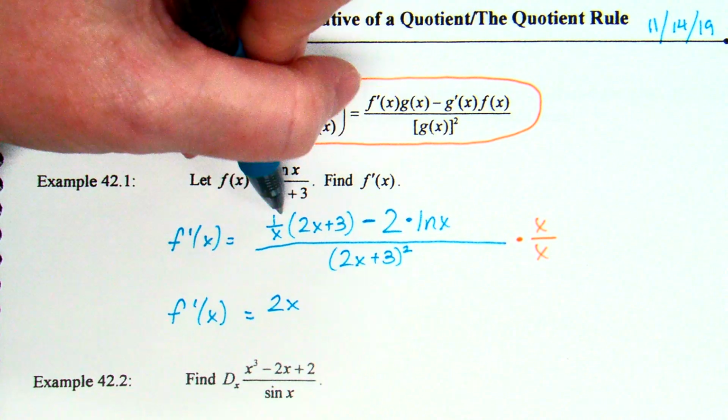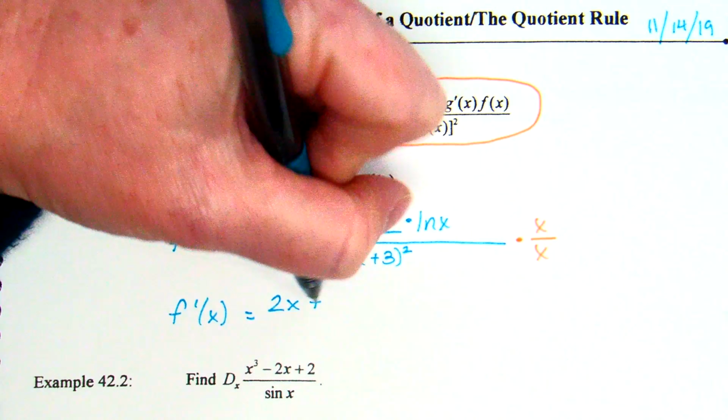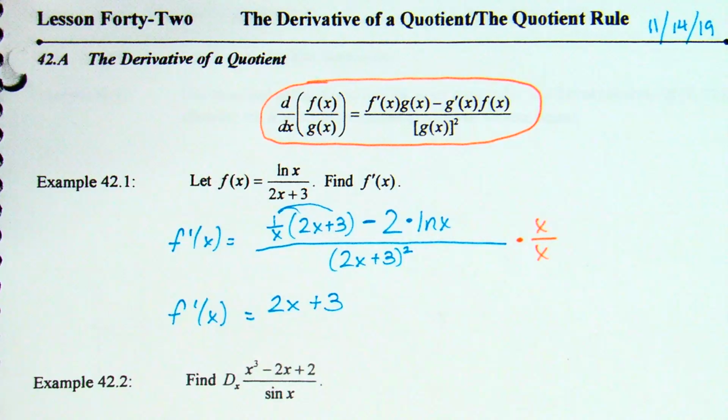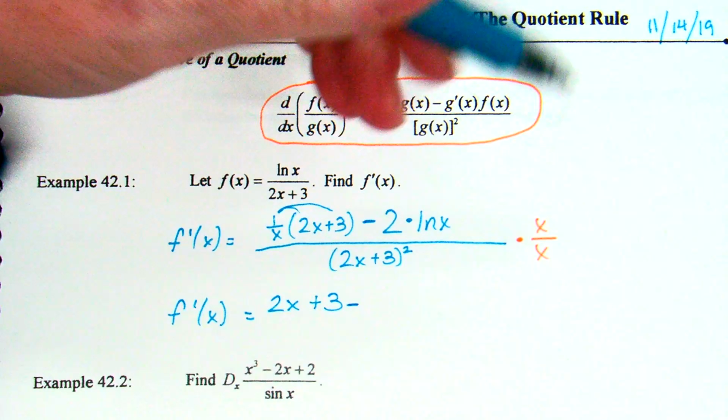Now, 1 over x times 3 is 3 over x, times x means the x's cancel and it's just 3. Minus, we have 2 times ln x, times x, which I can write as 2x ln x.